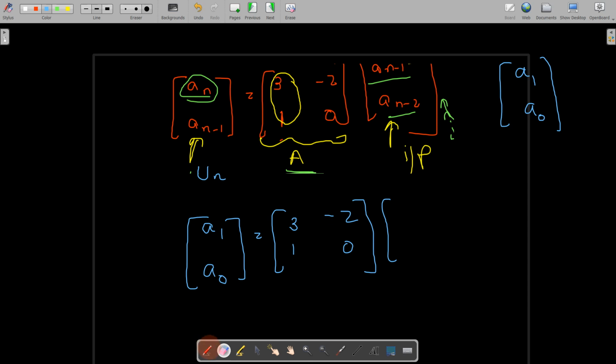Or we can write it like this only, no problem. If this is our U0, then our U1 will represent the term after A1. So we will write A2, A1 using A1 and A0, and then our input would be A1, A0, our U0.